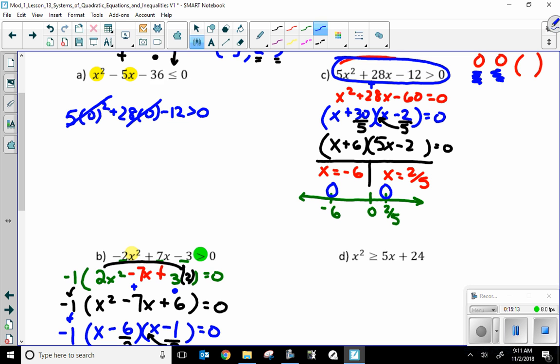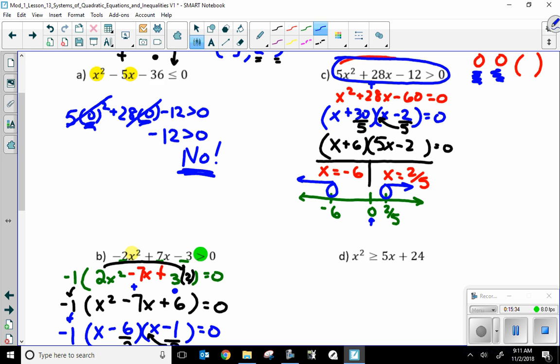These go to 0. So negative 12, is that greater than 0? No, it is not. So am I going to include my 0 in the solution set? No. So I am not going to include 0. I am going to go this way and this way. I'm going to avoid 0.